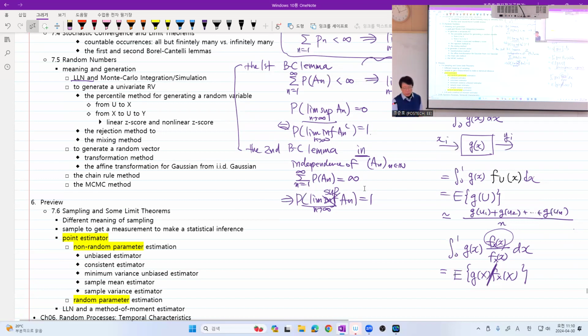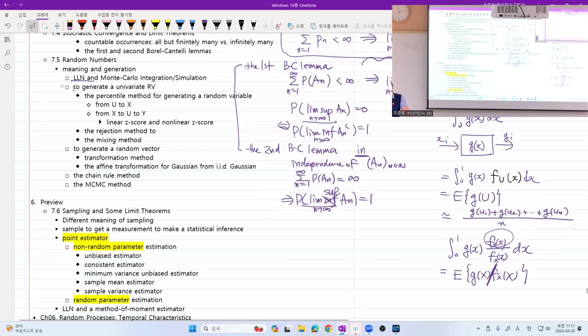This is very important to evaluate expectations, right? Every probability can be written as an expectation of the indicator function. So in order to get an approximate value of a probability, we can always use this Monte Carlo approach.